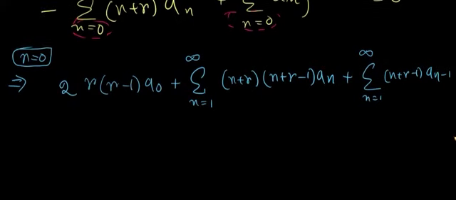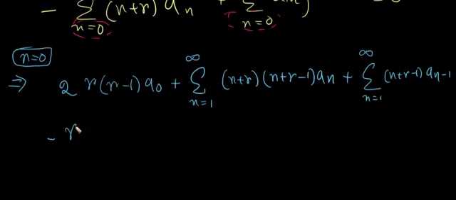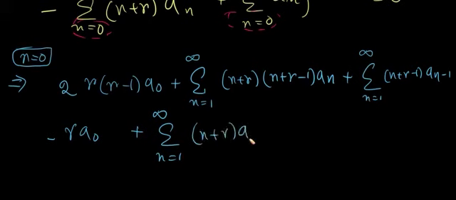Yeah. In the third term, again we need to evaluate for n equals 0. So if you just put n equals 0, this will give you r a0, right? And finally we'll have from n equals 1 to infinity n plus r a of n, right?